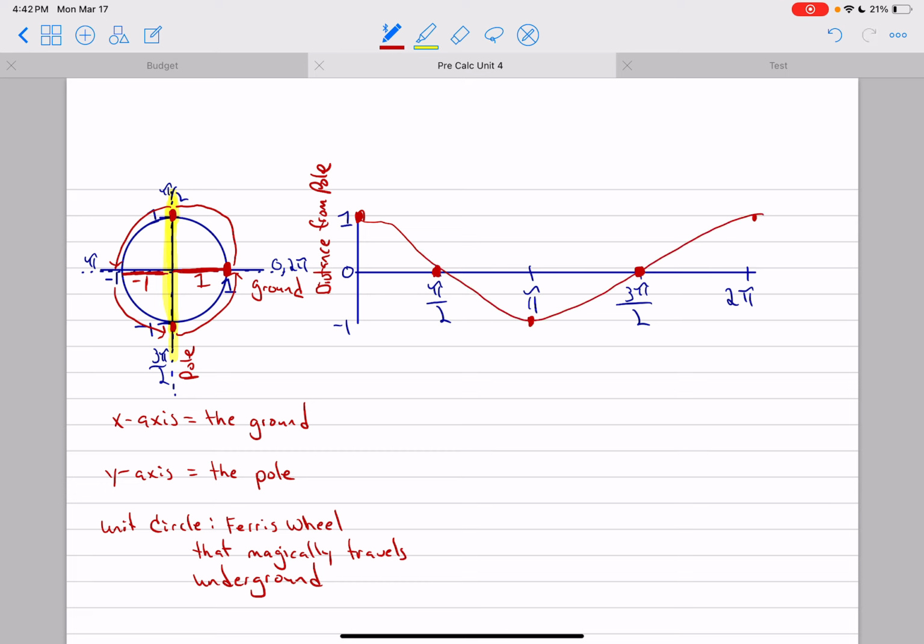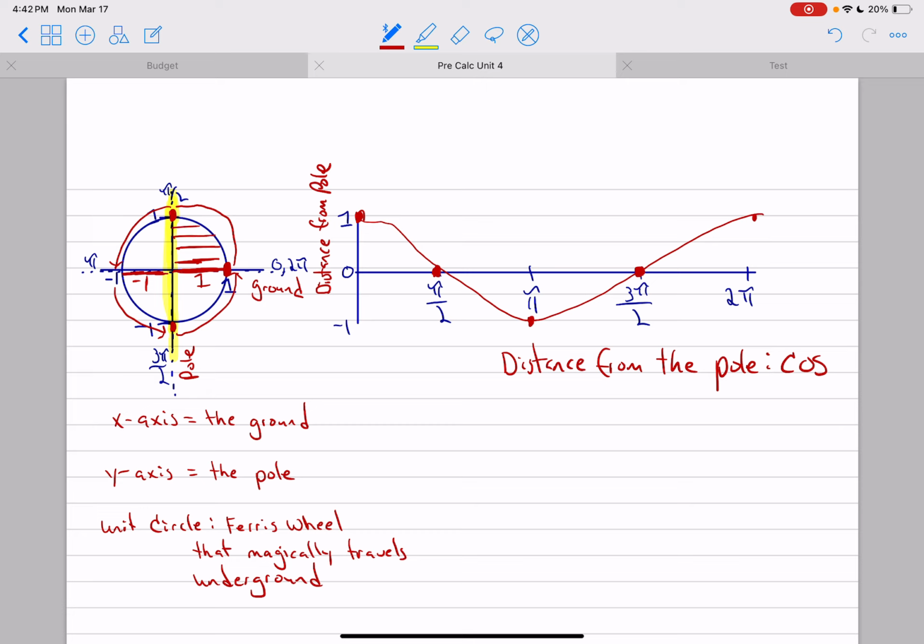Okay? So this is distance from the pole, and that is cosine, because cosine is a measurement of the x-axis.